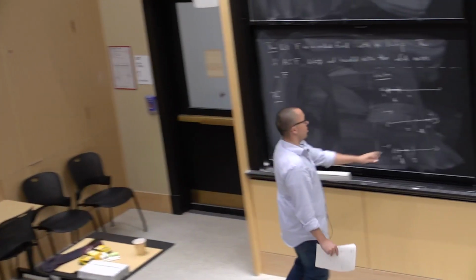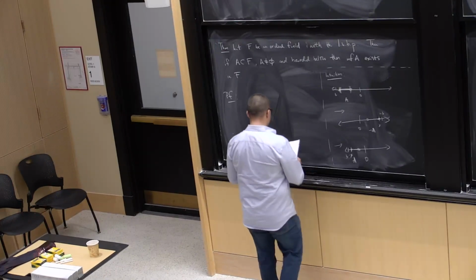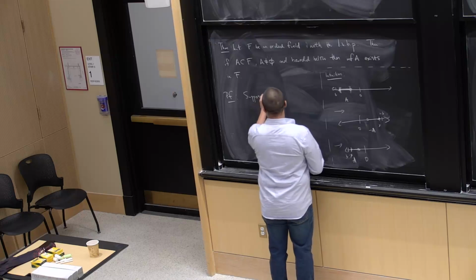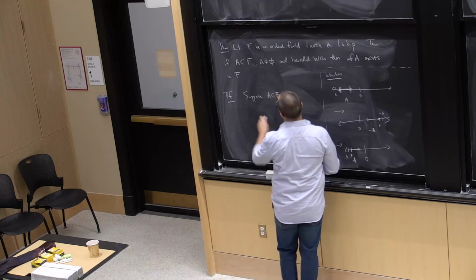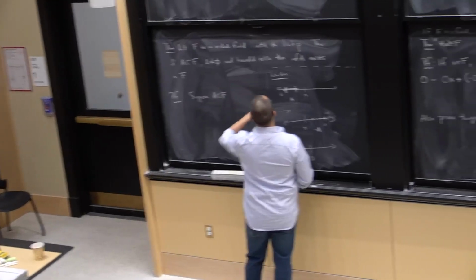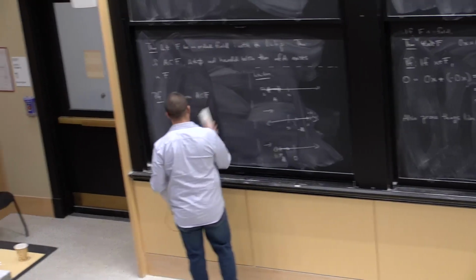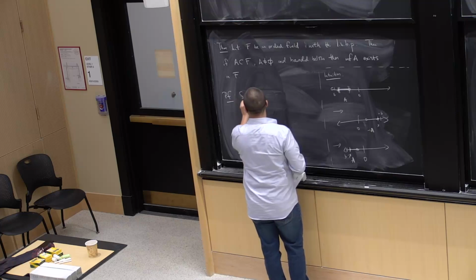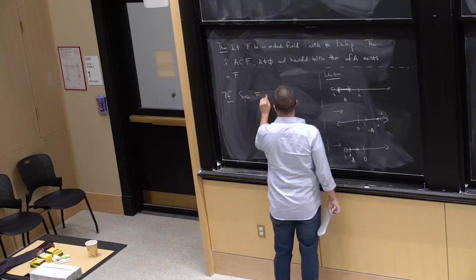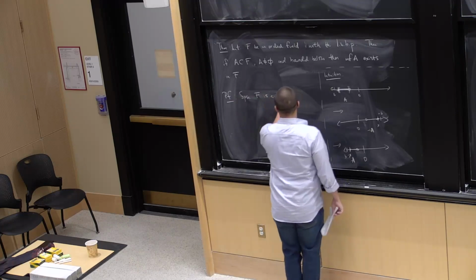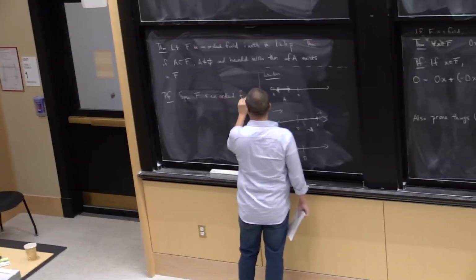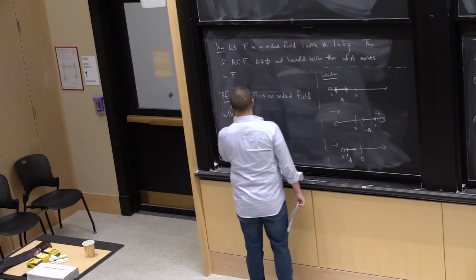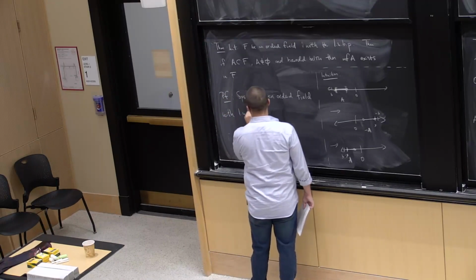So let's turn this intuition into a proof. Suppose F is an ordered field with the least upper bound property.